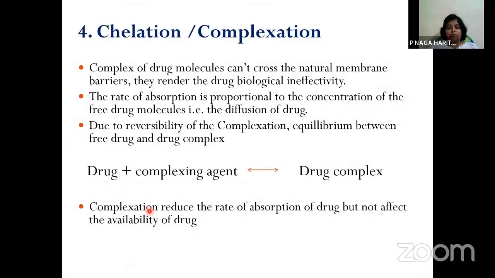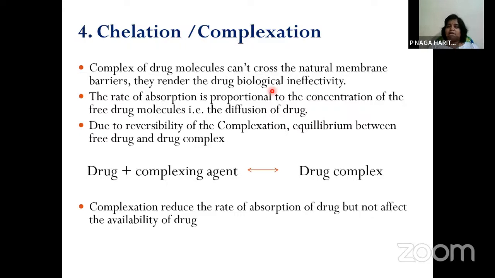And then the next property that we have here is chelation or complexation. Chelation or complexation is the tendency of any drug molecule to form a complex with an agent called a complexing agent. The complex of drug molecules cannot cross the natural membrane barriers, which renders the drug biologically ineffective.